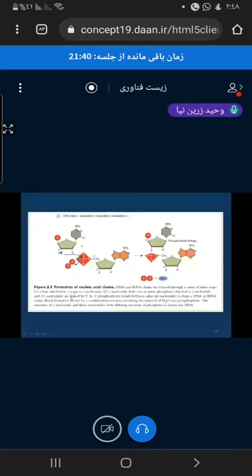And nucleotides are linked by a 5' to 3' phosphodiester bond between adjacent nucleotides to form a DNA or RNA. Bond formation occurs by condensation involving the removal of H2O, and phosphates and pyrophosphates. The structure of nucleoside and trinucleotide with differing numbers of phosphate is shown for DNA. In this picture, you can see the DNA polymerization.